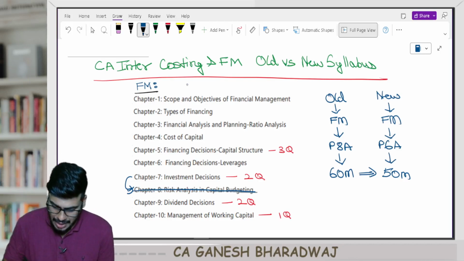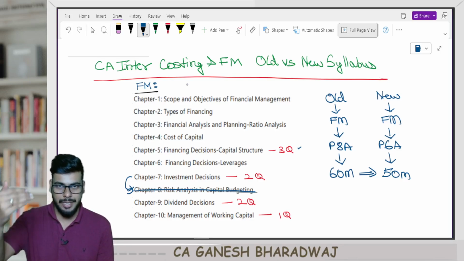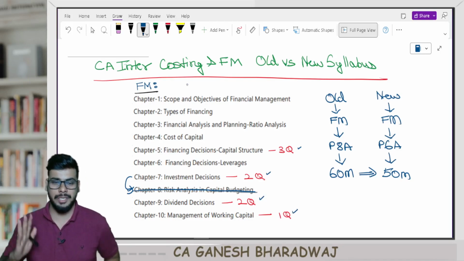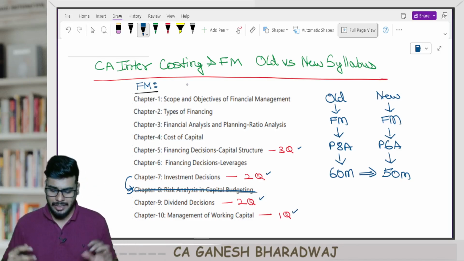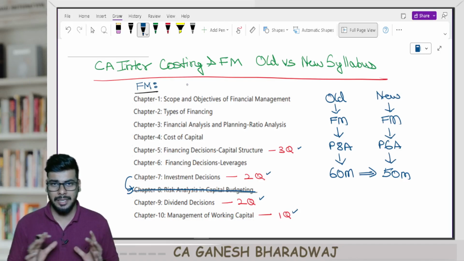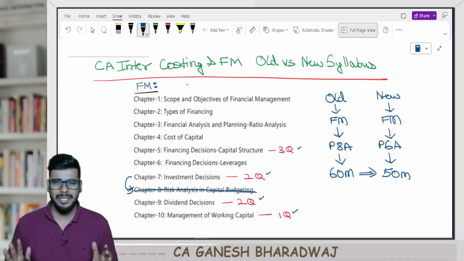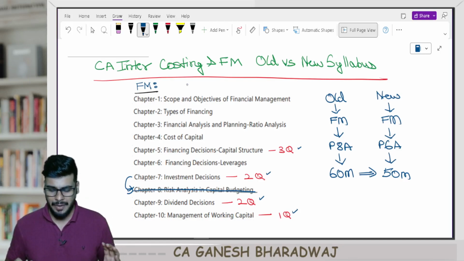For example, in capital structure decisions, 3 new questions they have introduced. Investment decisions, 2 new questions they have added. Dividend decisions, 2 new questions, and working capital, 1 question. So I went through the entire study material and found out that these were the additions, and there were some deletions also. Some little deletions were there. So basically this is about the change.